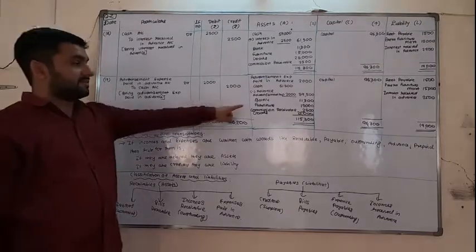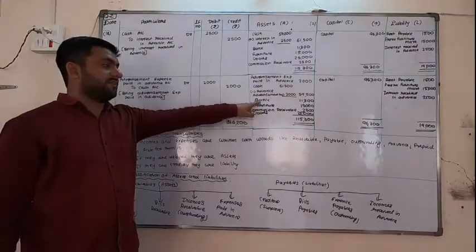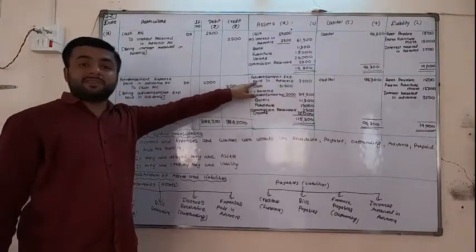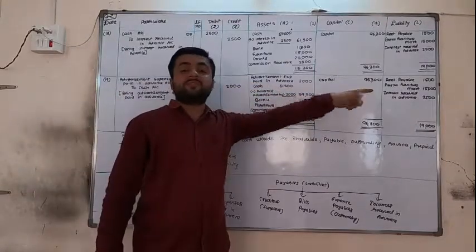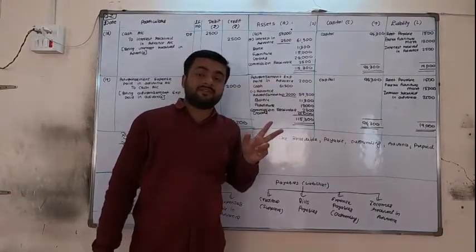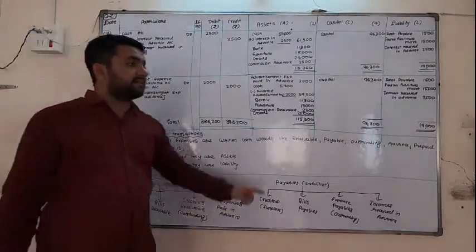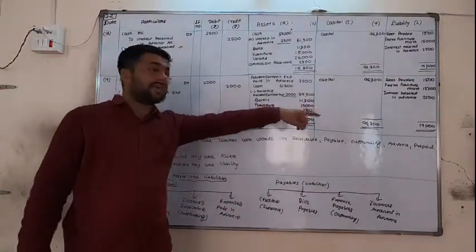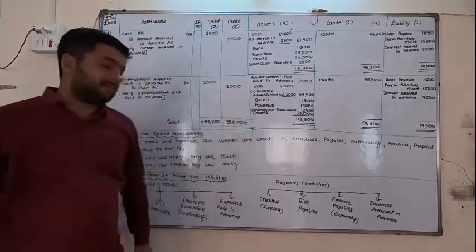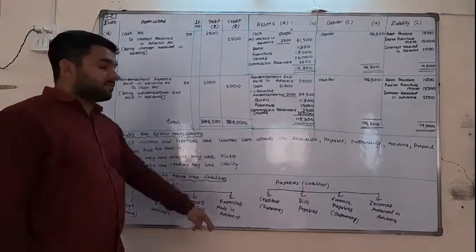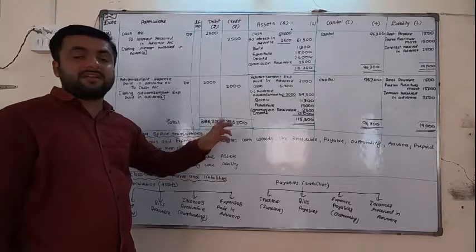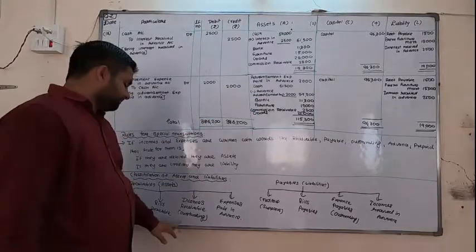So see, receivables. This commission receivable, or Jaslin's name was written and then Himani's name was written, so they are our debtors and creditors. Our debtors are assets, our creditors are our liabilities. Himani was our liability and Jaslin was our asset, that is debtors. Bills receivable and payable have not come in journal entry, it will come in the next chapter.